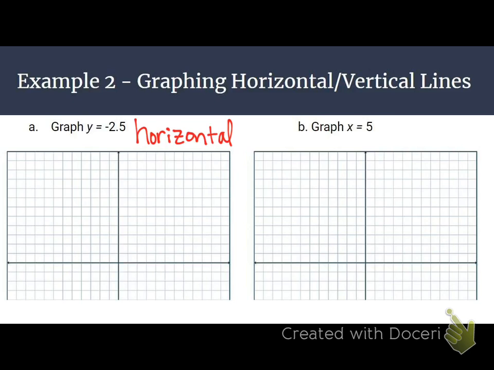Between -2 and -3 on which axis? On the y-axis, we go down in between -2 and -3. We put a point there, and then we draw our line in which way? Straight across, side to side, horizontal, with the arrows all the way through our grid.